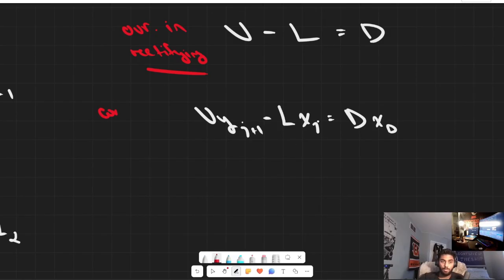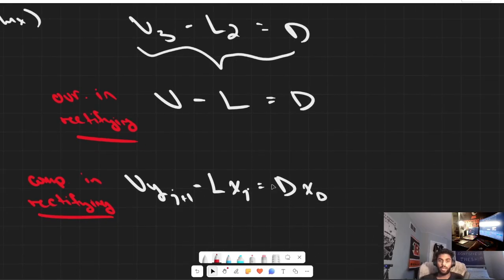So this is component based in our rectifying section. So now we have mass balances for the overall and mass balances on a component basis.